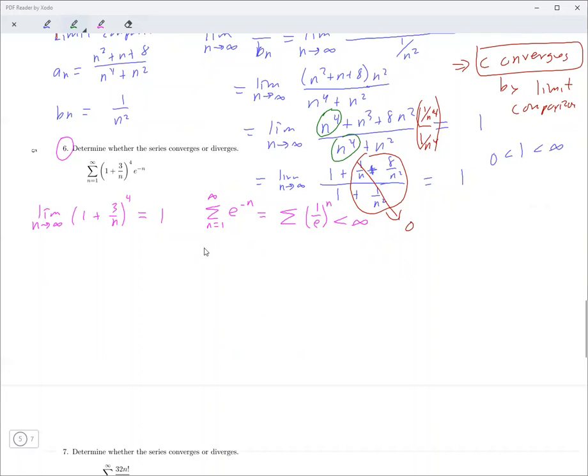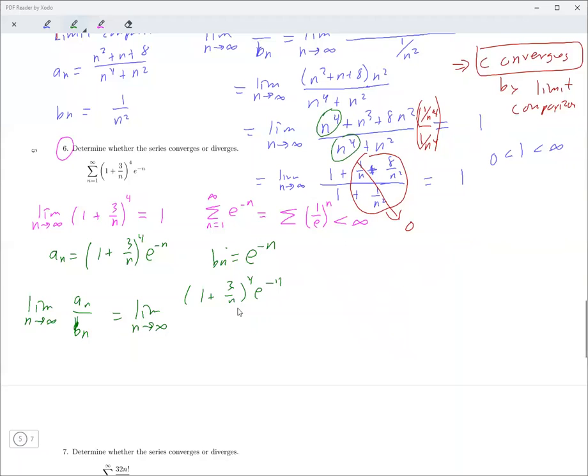Then what I'm going to do is make a sub n be these guys here, and make b sub n just equal to e to the negative n, because we know this series converges. Then take the limit as n goes to infinity of a sub n over b sub n. So that's 1 plus 3 over n to the 4th, times e to the negative n, all over e to the negative n.